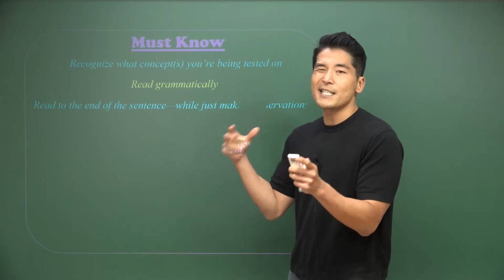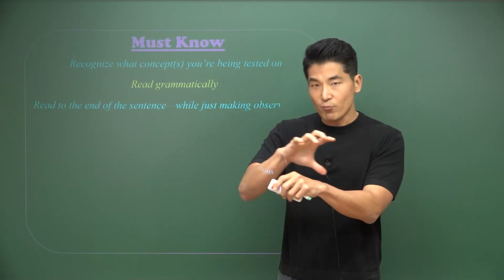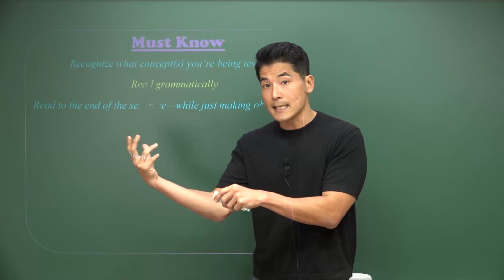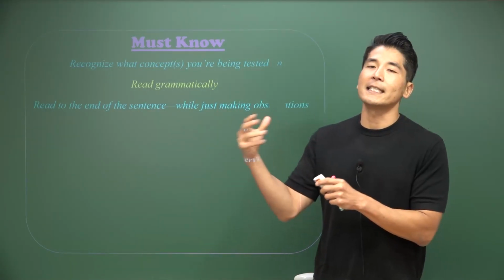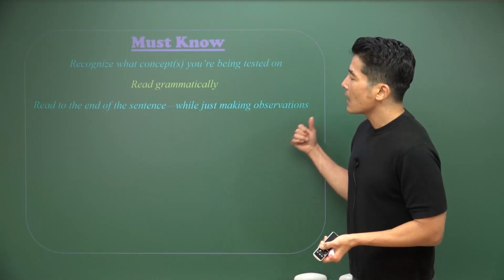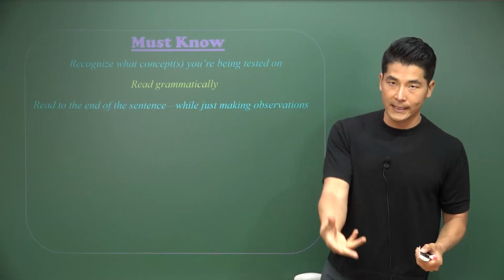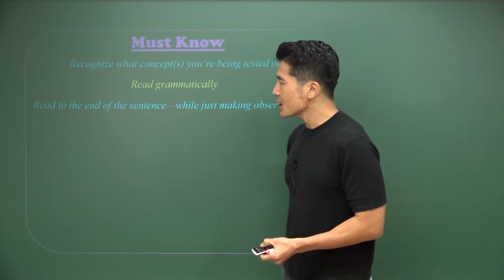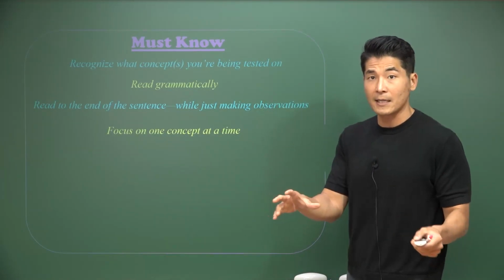But this point is saying don't fix it just yet. Just keep reading to the end of the sentence. And then after you read to the end of the sentence, you go ahead and solve it. Remember, when you're doing this, to also plug in answer choice A as you're reading. You don't just want to read the blank, you want to actually put something into that blanked portion.